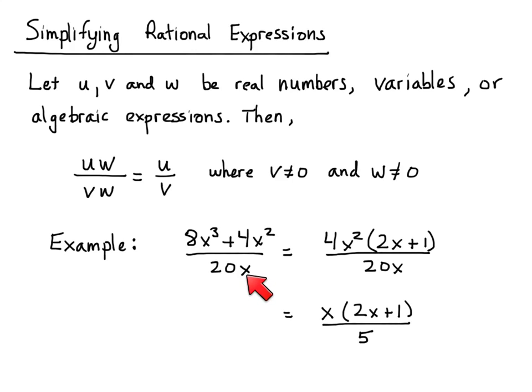So we have division by 0 in the original expression, but not in the new expression. And so we have to say that x does not equal 0. So this is only true when x does not equal 0. This is what's called a domain restriction, and when you're simplifying polynomials, you must write that down.